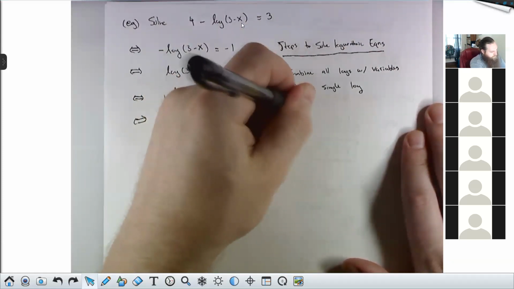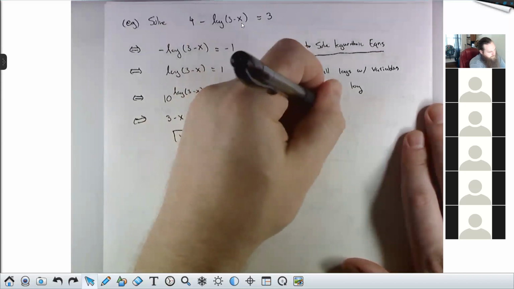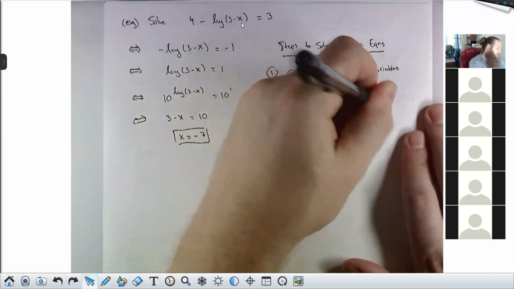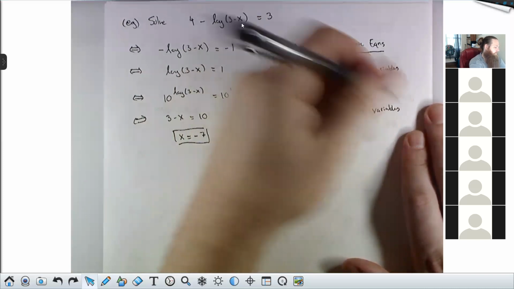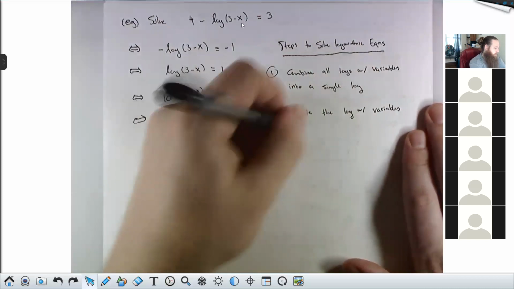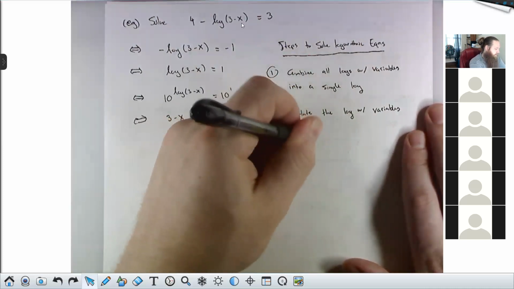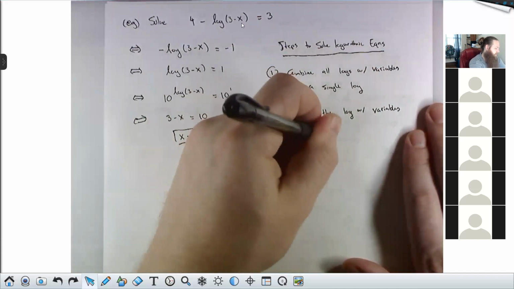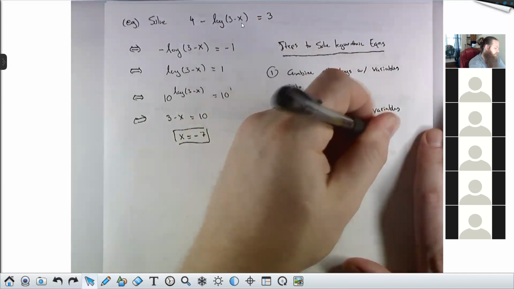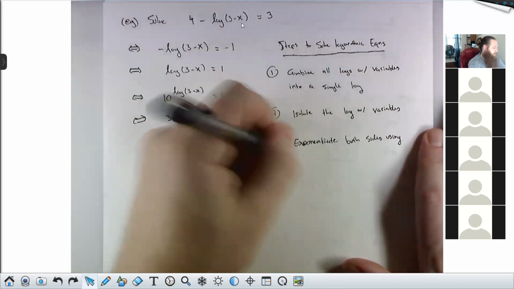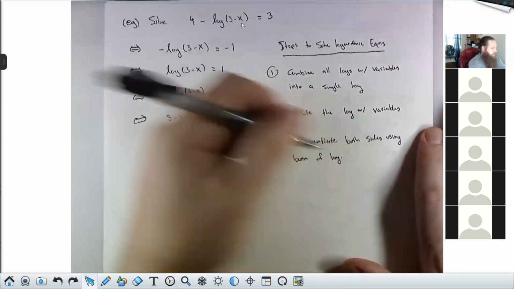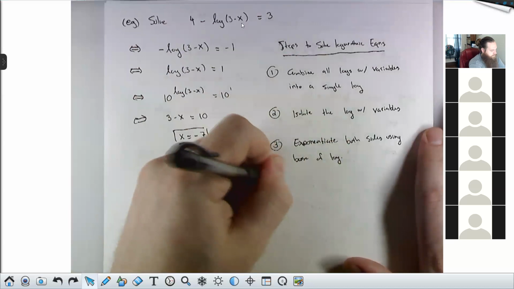Isolate the log term, the log with variables. And there should only be one of them after step one. Then exponentiate both sides using the base of the log, and then solve the resulting equation.